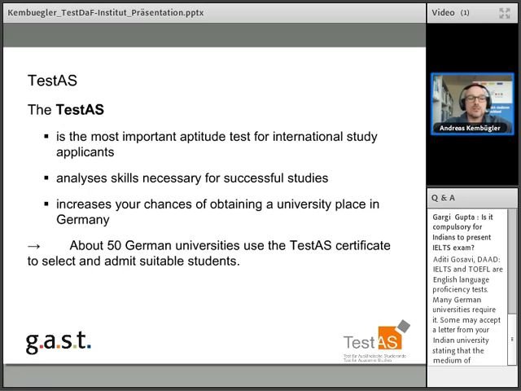And so the test, it's called TestDaf. The TestDaf analyzes the skills that are necessary if you want to be successful in the studies. So if you take this test and you get the certificate, this will increase your chances to be accepted at the university.